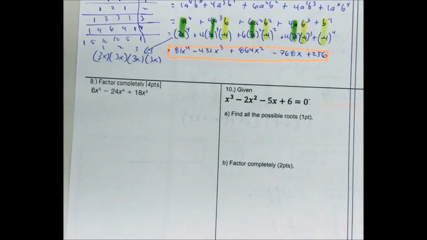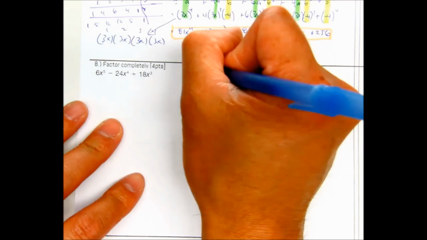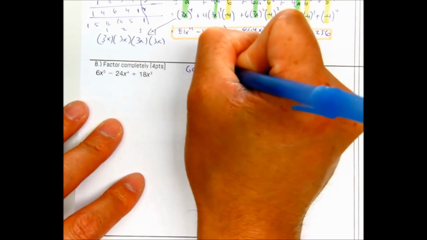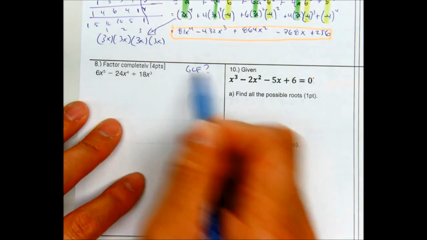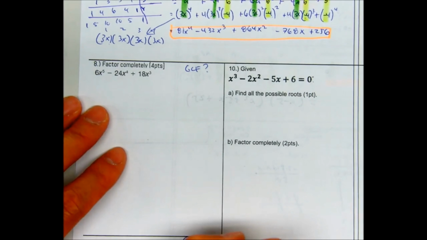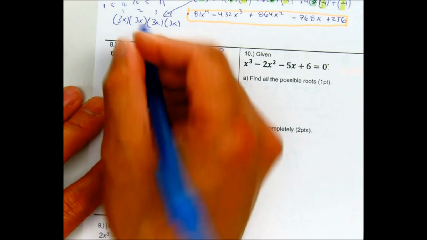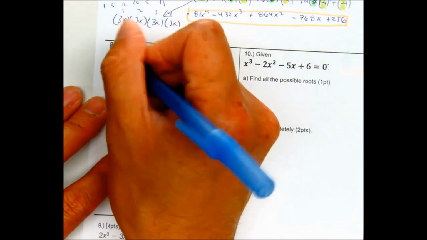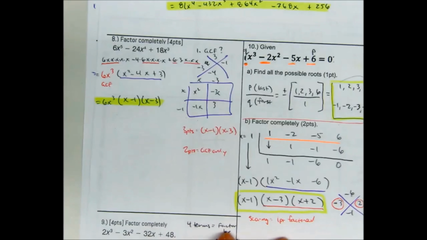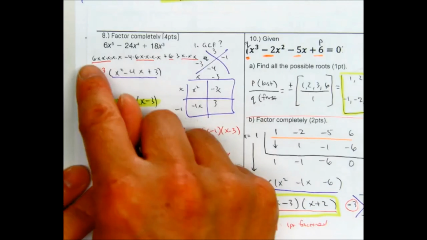Factor completely, you should always, I loved it because one student actually just wrote this, GCF. Every question that says factor, they just wrote GCF. Good idea, good idea. It does have a GCF. The GCF is, go a little quickly, faster, is 6x cubed.